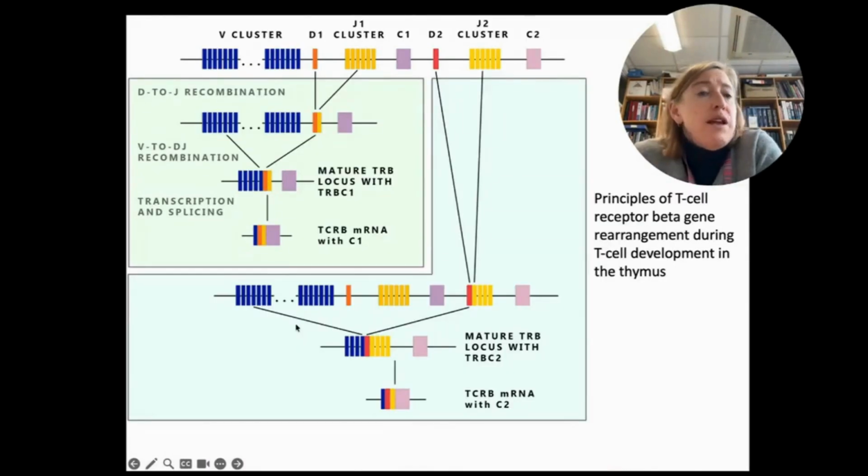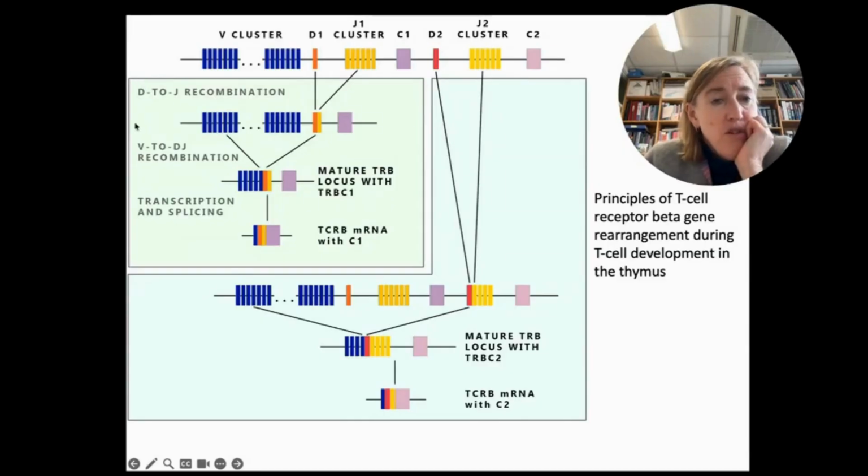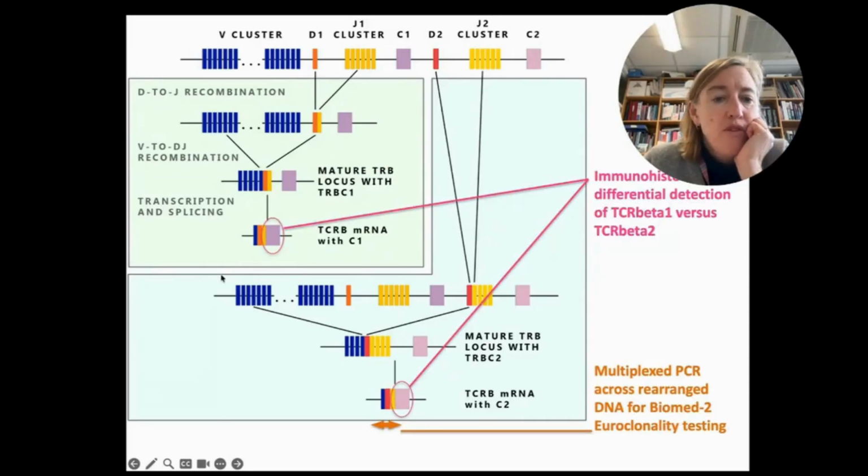So how does clonality work? Many of you will have learnt at some stage in your career about how a T-cell receptor is made, and it's made from putting together V, D, and J segments if it's a TCR beta receptor, for example. What we do ultimately is a PCR reaction that runs across the combined V, D, and J segments, and we're looking at the length of the PCR product we get.